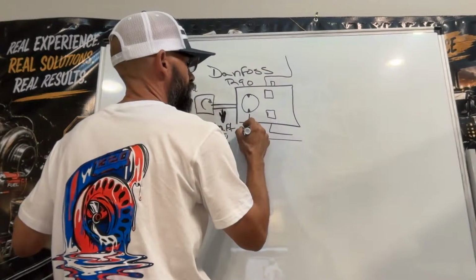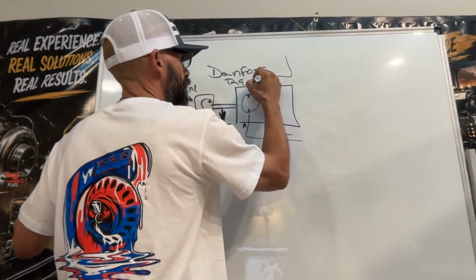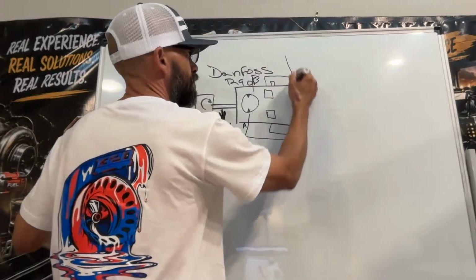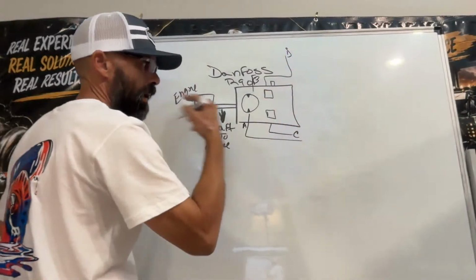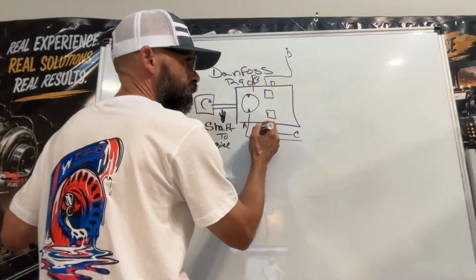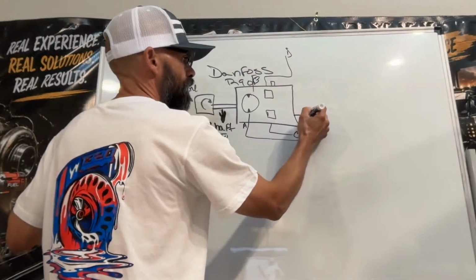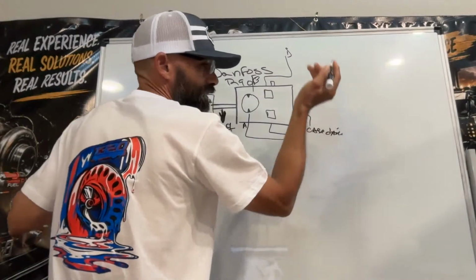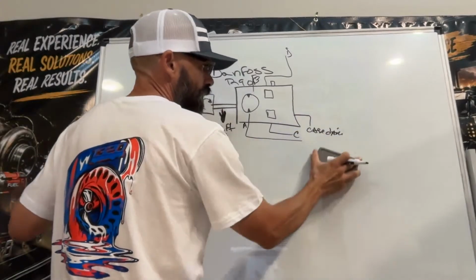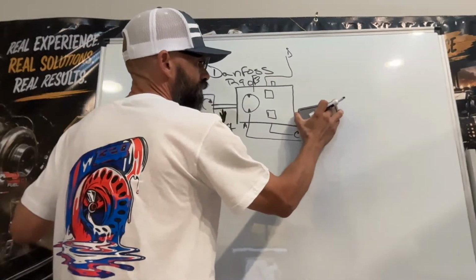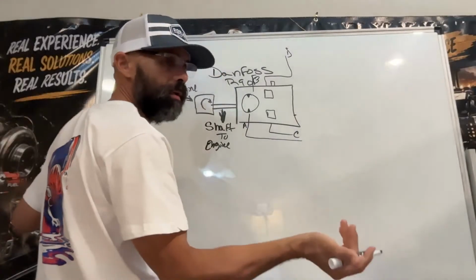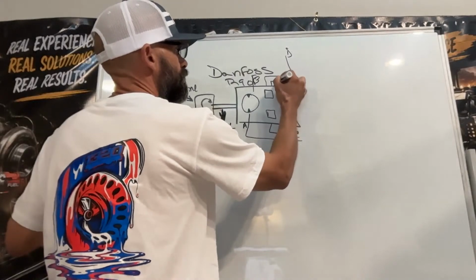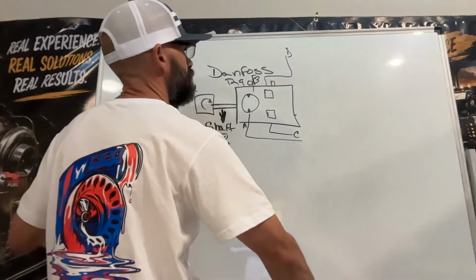You're going to have port A, port B, port C and port D, and then your case drain, another line to case drain. It depends on the model, but you're going to have different ports on the pump.